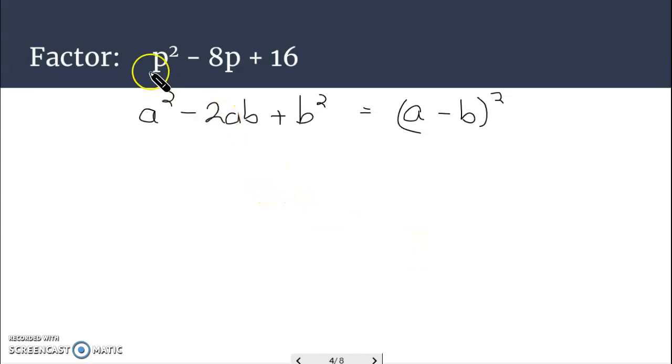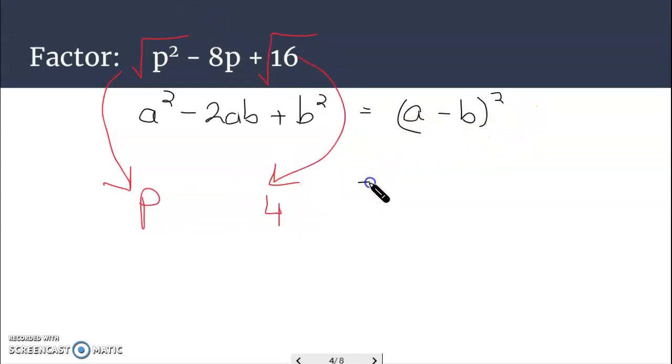But in this problem, notice the a term is a p and the b term is a 16. We're going to take the square root of each of those. The square root of p squared is just p. The square root of 16 is just 4. Those two terms go into our format here of the factored form of this equation. We're just going to write p minus 4.